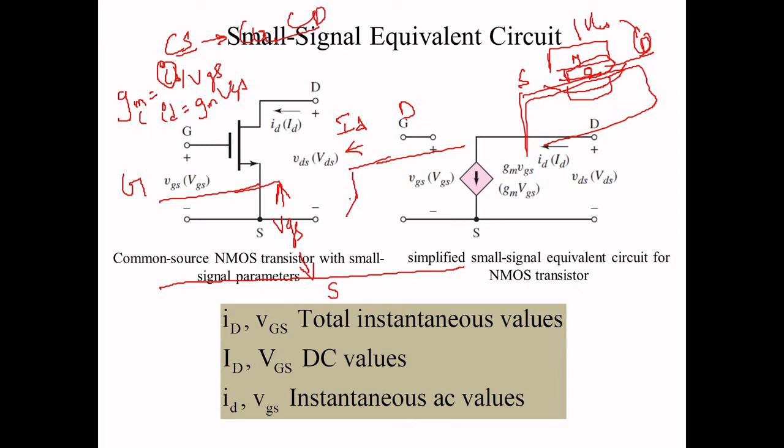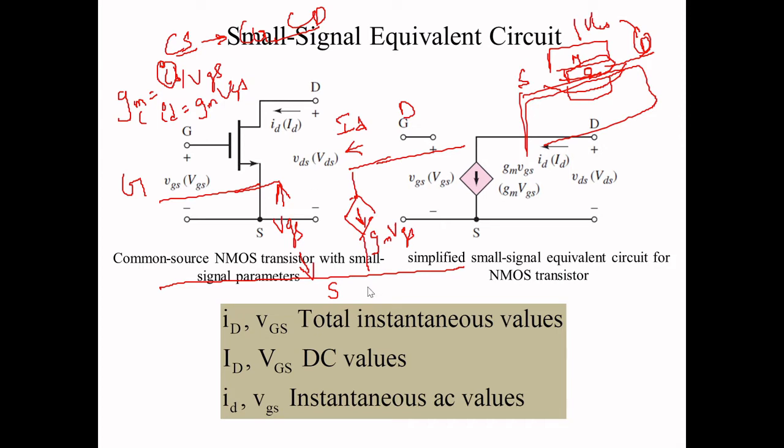You can use a rhombus shape instead of a circle. In a BJT you used a circle, and here you can use the rhombus just to show the difference. So the dependent current source is gm times VGS. This is a model without the early effect. If you are not considering the early effect, you will get this model.